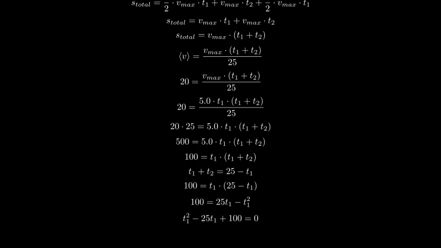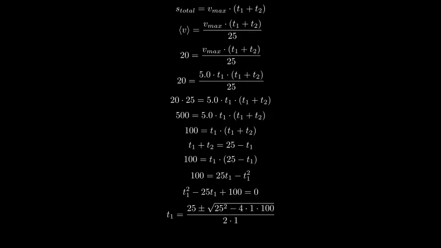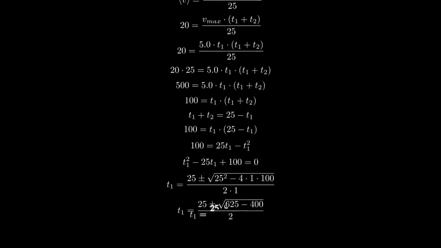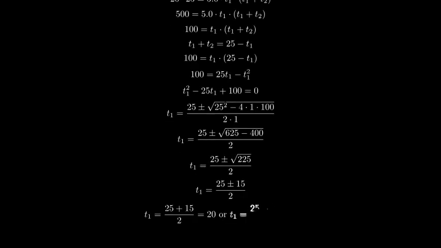Rearranging, we get t_1 squared minus 25 t_1 plus 100 equals 0. Using the quadratic formula, t_1 equals 25 plus or minus the square root of 625 minus 400, all divided by 2. This simplifies to t_1 equals 25 plus or minus 5 square root 5 divided by 2. So t_1 equals either 5 or 20.